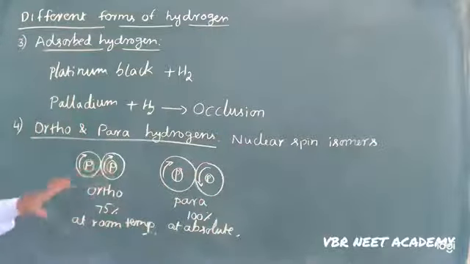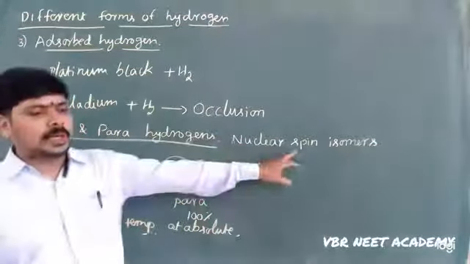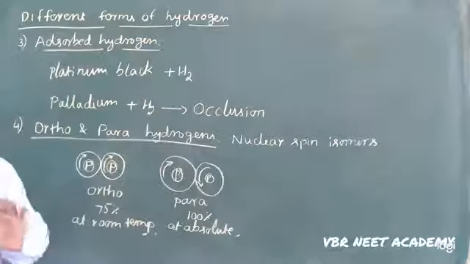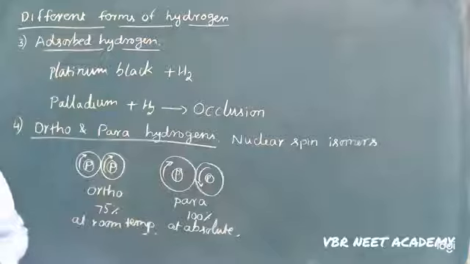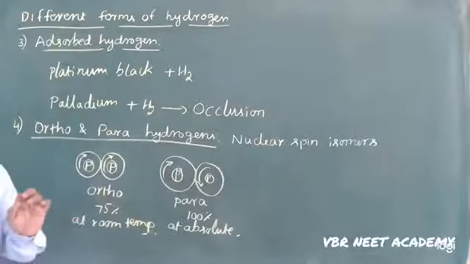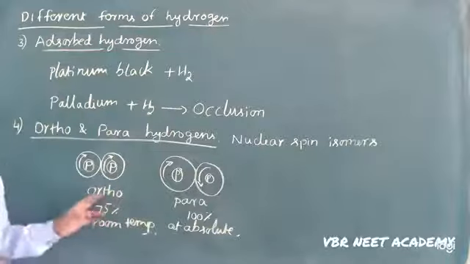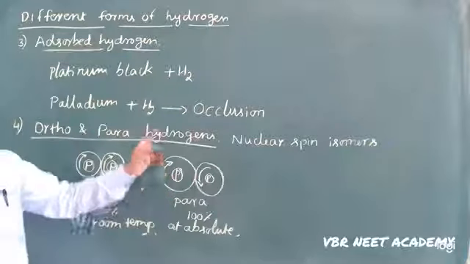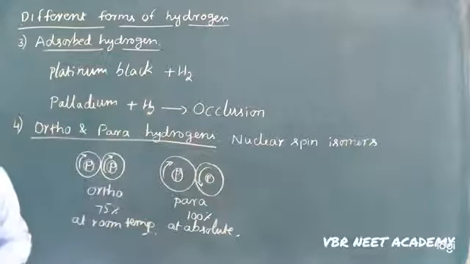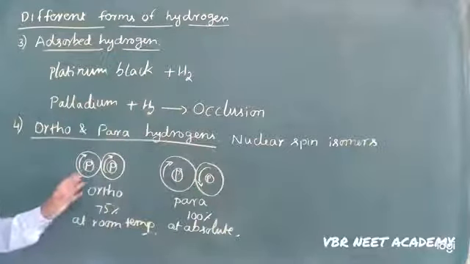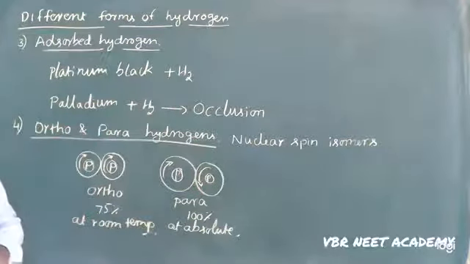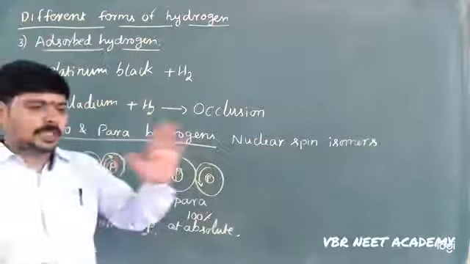And moreover, these two are called nuclear spin isomers. And when we take the magnetic momentum, what will be the magnetic momentum of this? The magnetic momentum for ortho is going to be twice that of your proton, and for para it is going to be 0.